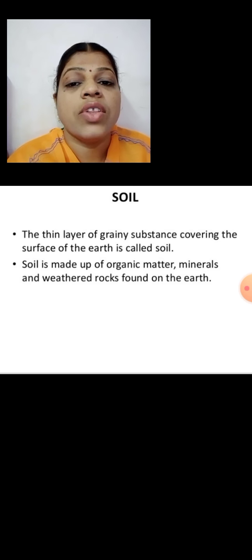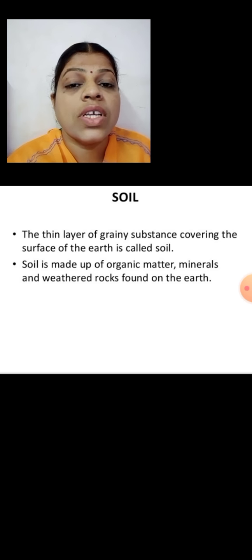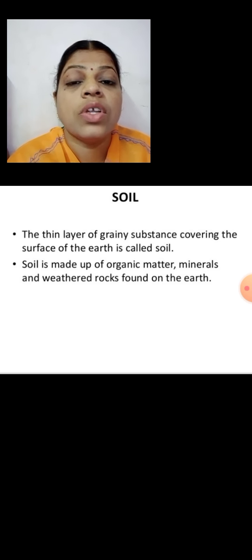Isn't it? Without soil, what happens to the growth of the plants? Yes, so this soil consists of organic matter which nourishes the growth of the plants. And minerals are there. In our previous chapters, we studied about the minerals.